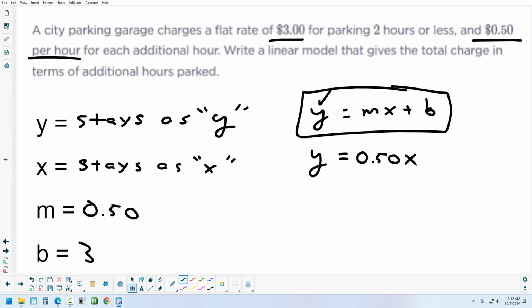And for the b, that's a positive $3. Okay, if it was like a negative $3, that would be like they're paying you $3. That's not what's happening here. We might do a problem where you get paid money, but in this one, no, you have to pay the company to park your car. So it's plus $3.